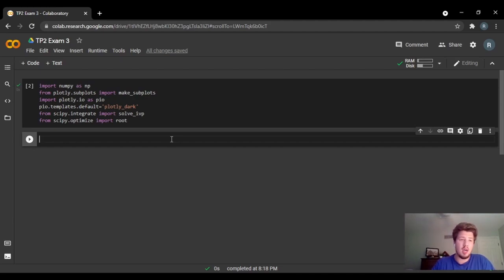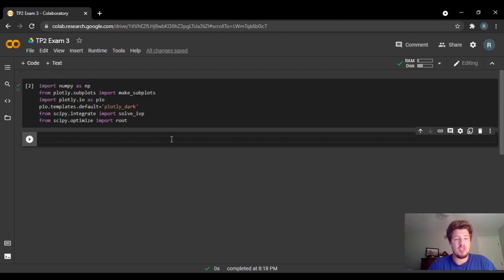So first, I added some tools in here for us to use. I have imported numpy as np, the numerical library for Python. I then put in from plotly subplots import make_subplots so that we can have our three graphs at the end of this video. I then imported plotly.io as pio. Again, that's just for the graphs later on.